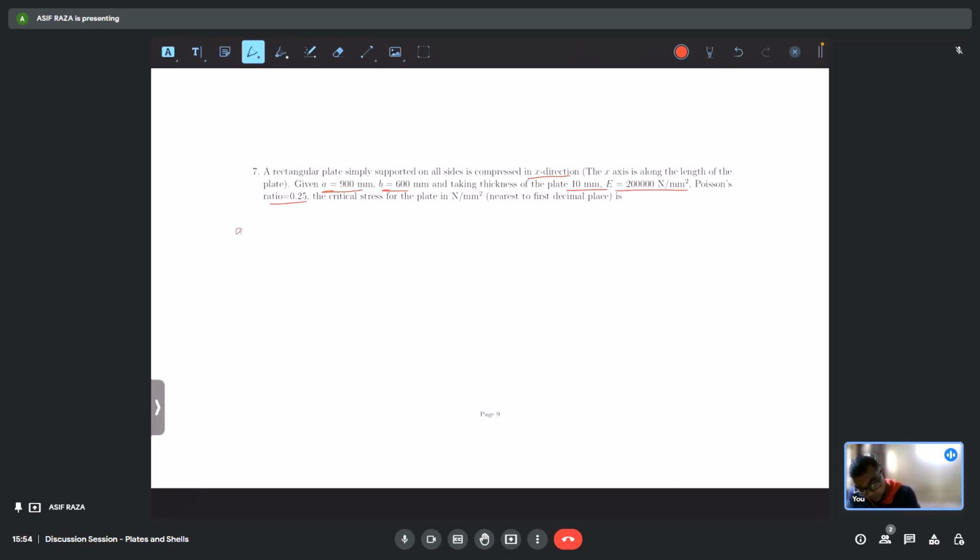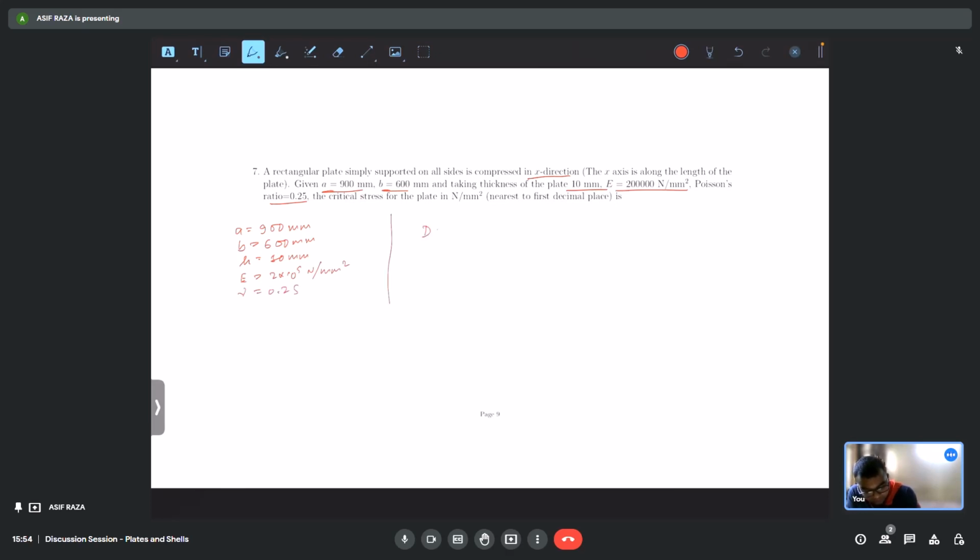So we are given a 900 mm, b 600 mm, thickness of the plate as 10 mm, Young's modulus as 2 × 10⁵ Newton per mm square, Poisson's ratio as 0.25.